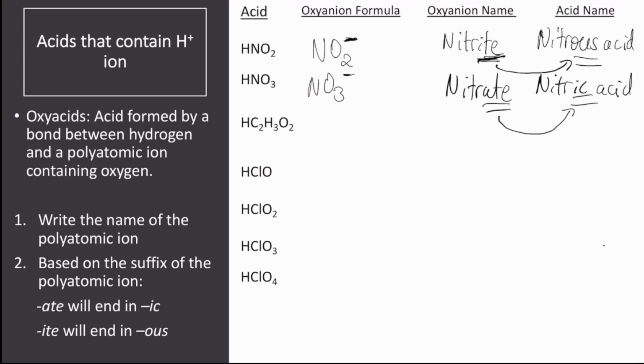Okay, the next one is HC2H3O2. So the anion would be C2H3O2 with a -1 charge. The name of this is acetate. So because it ends with ate, we change the name of the acid with ic, acetic acid.